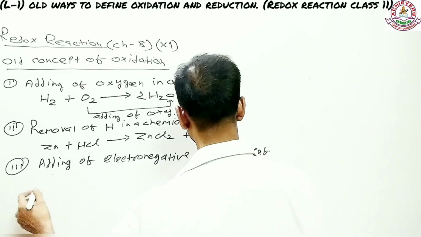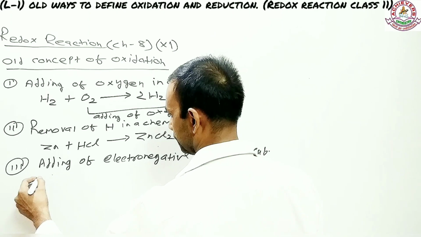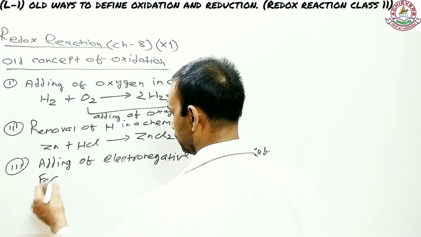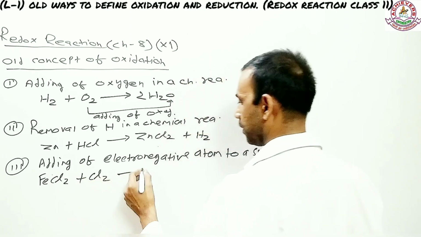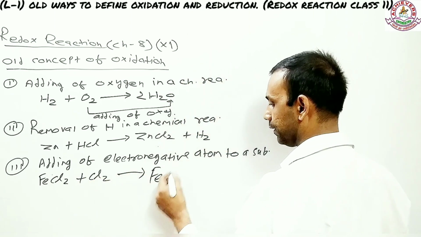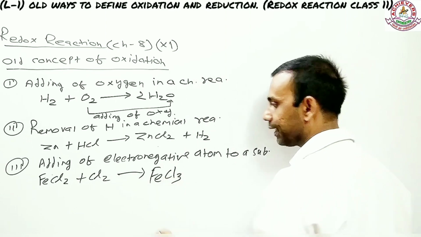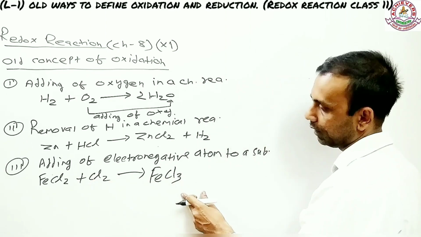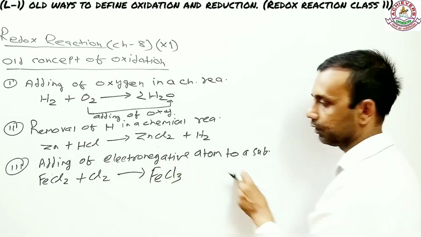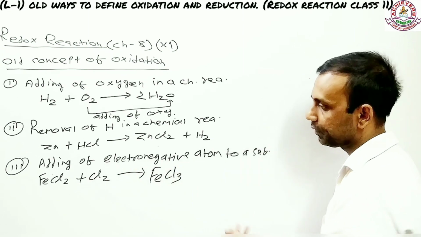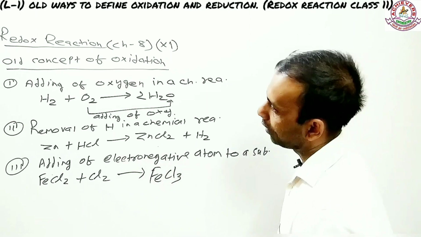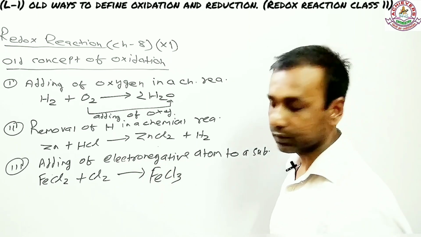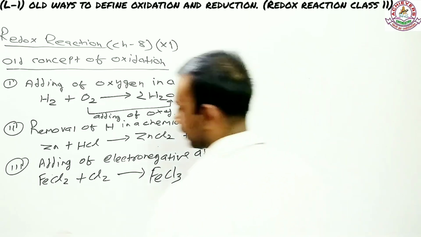What that is, like FeCl2 when it reacts with a chlorine molecule, it forms FeCl3. So what is happening? Chlorine is being added. And what is chlorine? An electronegative atom. So according to the older concept, if an electronegative atom is added to a substance, this is also how you can define oxidation, right? Let's take the fourth one.